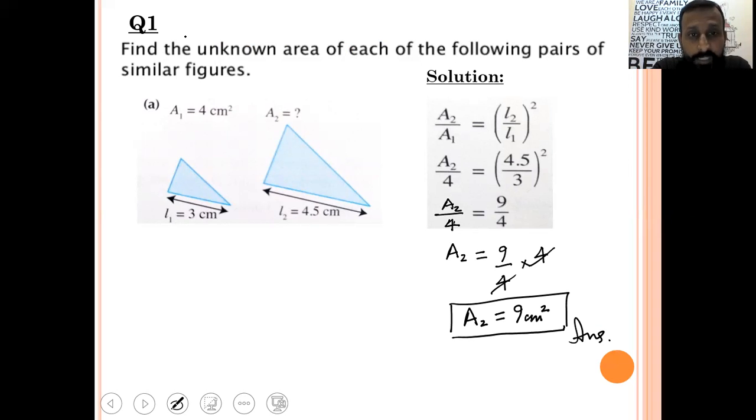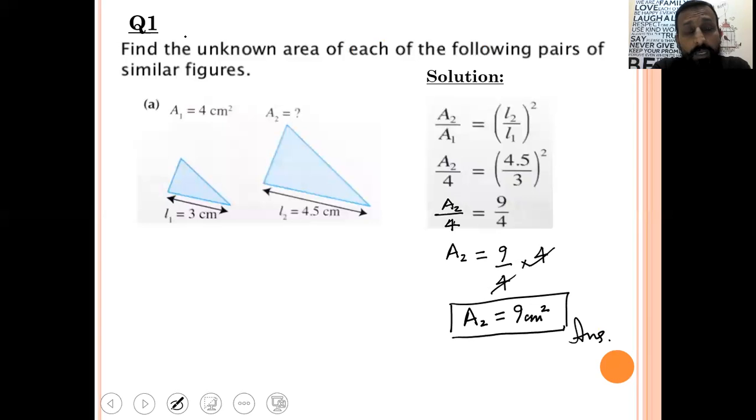If you can see, there are two triangles given to you. The area of the first triangle A1 is equal to 4 centimeters square, and the length of the first triangle is given to you, L1 is equal to 3 centimeters.